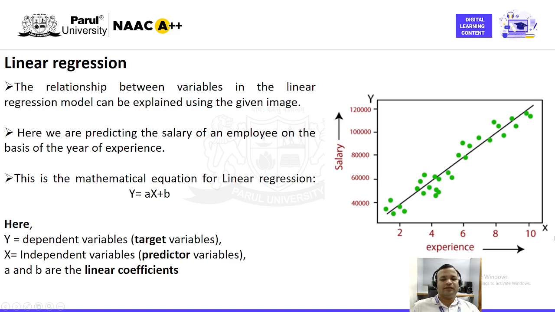So this is the basic model, and the basic relationship between experience and salary.